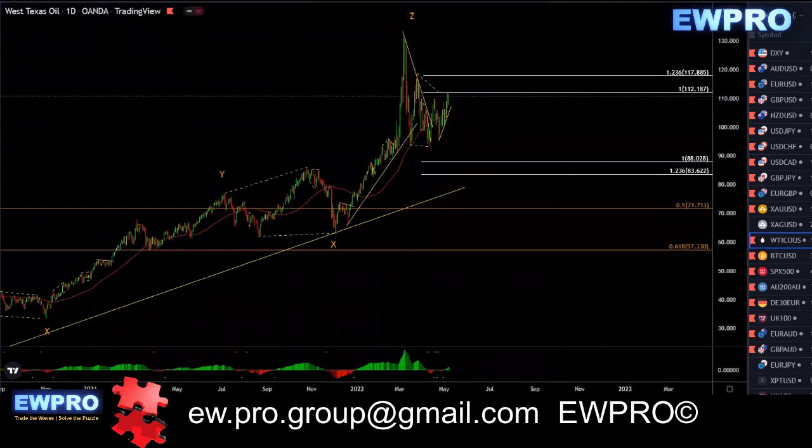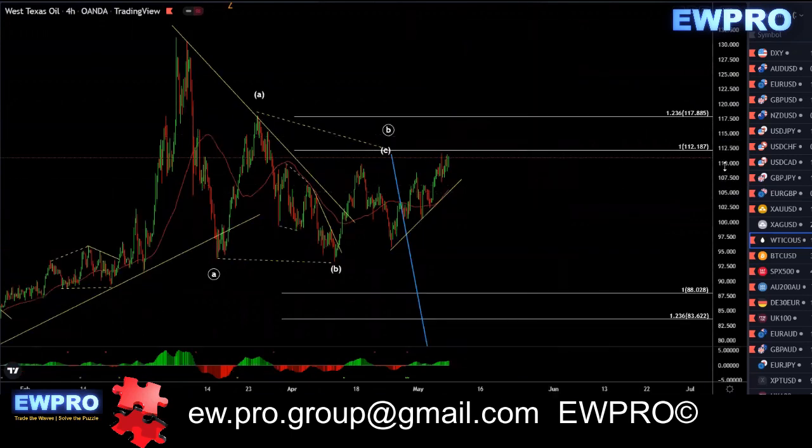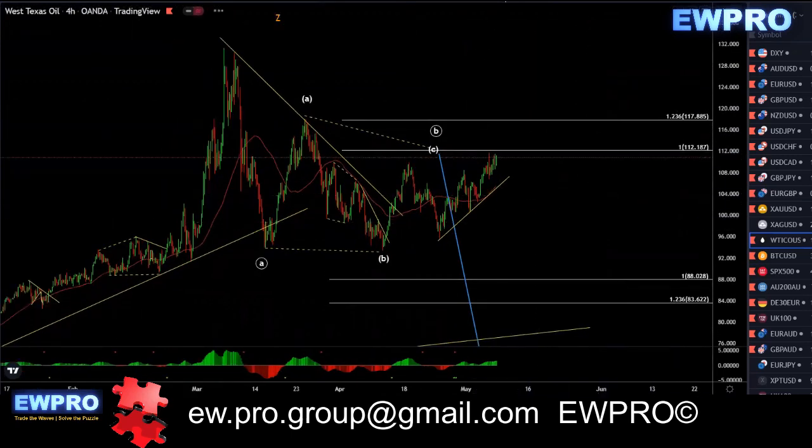It does look like it's turning. See, this can be a contracting flat. I was looking for an A, B, C. We got the C up, and then I was looking for the larger A, B, C down. It started to go again though. So this can be a contracting flat.